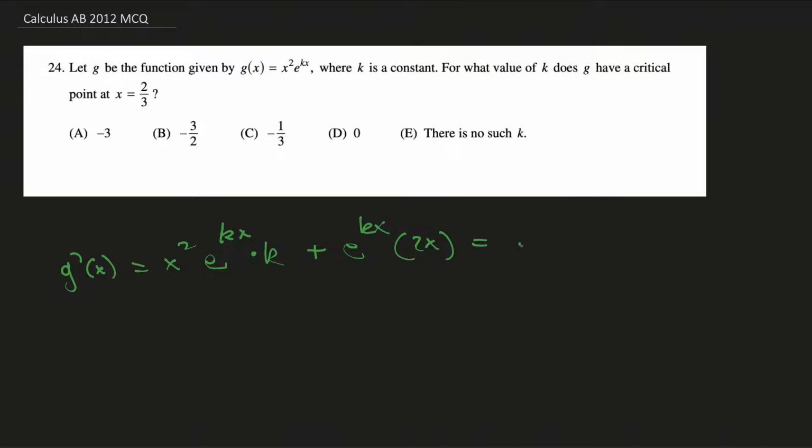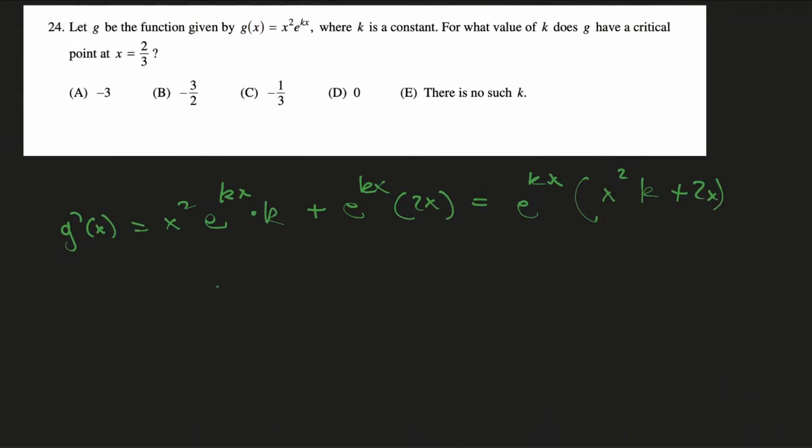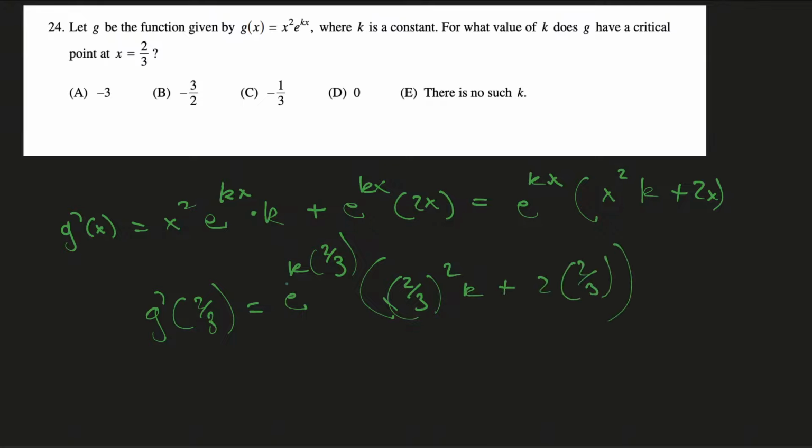If I factor out e to the kx, I get e to the kx multiplied by x squared k plus 2x. And then this would equal 0. At g prime of 2/3, because they say that's where the critical point lies, I can just plug in 2/3 wherever the x's are: 2/3 squared times k plus 2 times 2/3.